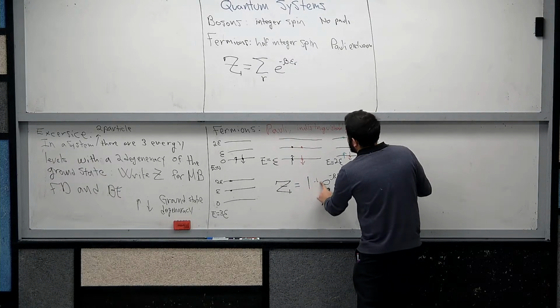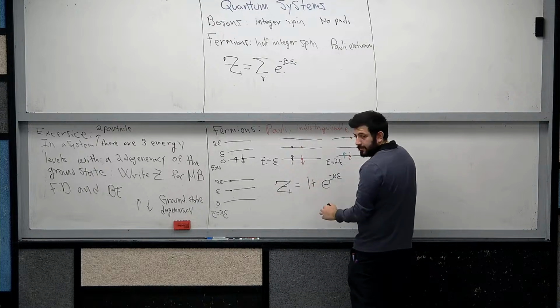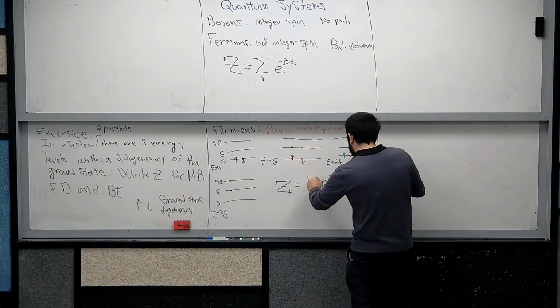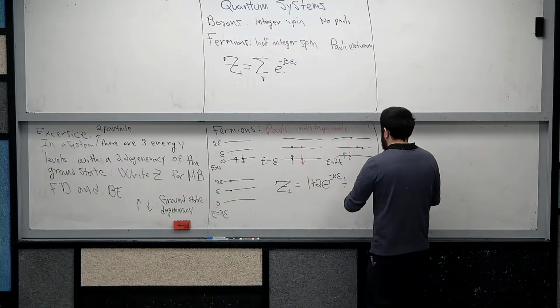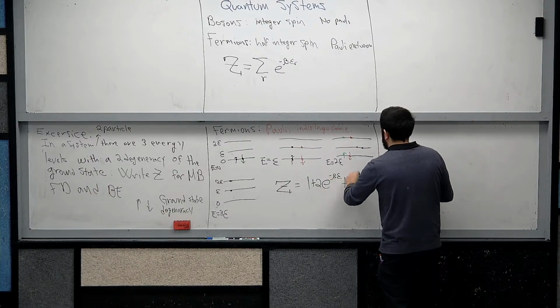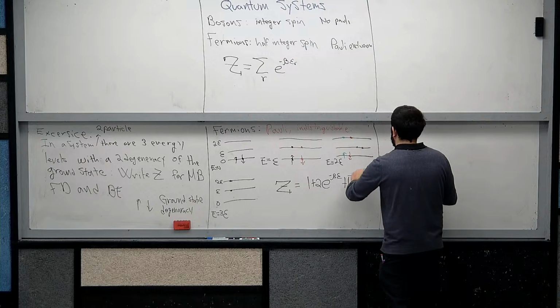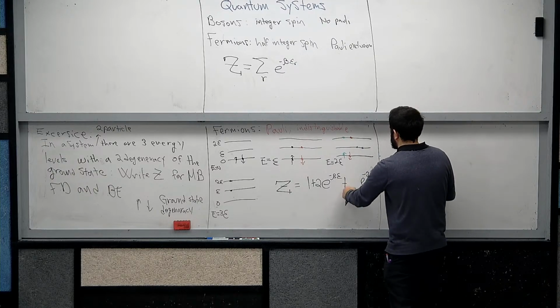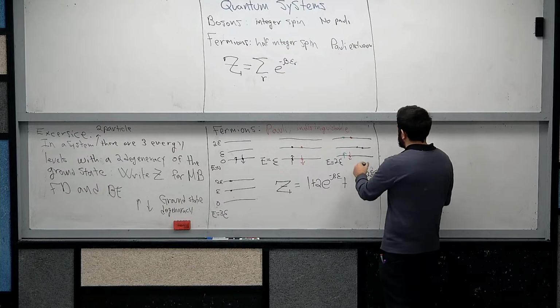How many states do we have here with epsilon energy? We have two colors, so just two states. Then with 2 epsilon, here we have the number of states, and here we have the energy configuration, so it's 2 epsilon. So which number should I put here? It's just these 3 states, right? Because we have 3 colors.